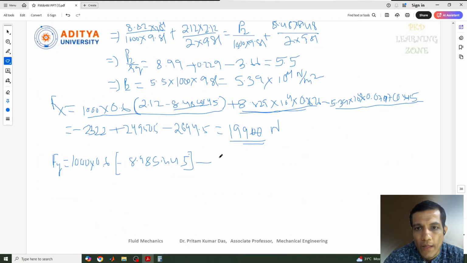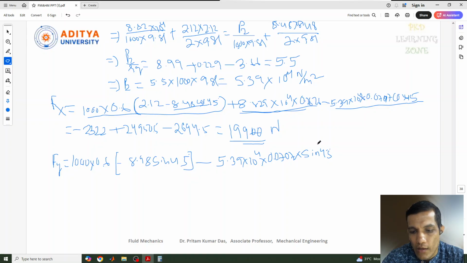P2 we just calculated, 5.39 into 10 to the power 4, P2 A2 multiplied by 0.0707, we got A2, into sin 45 again. So here also we can solve it and find this value.